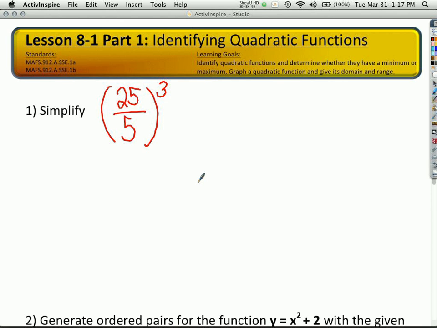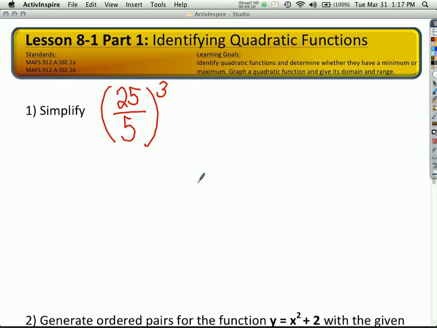Good. So, tell me, what would you do? Start with Marlon, Cameron, and then Raquel. 25 divided by 5 is 5 to the 3rd power. Okay, Cameron. Do 25 divided by 5, then raise to the 3rd power. Okay. Sorry, Raquel. You were going to say the same thing.